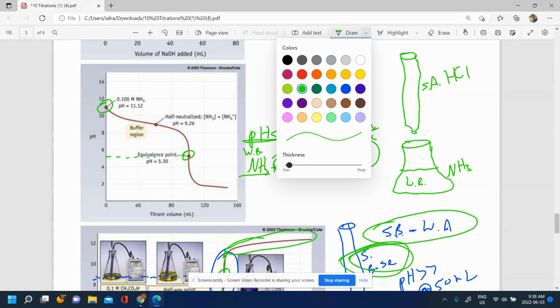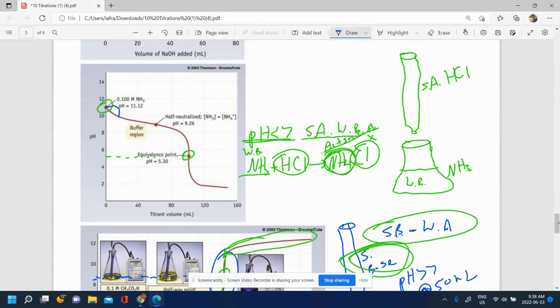And you'll notice that we have similar profiles. So even though we started with the base in the flask, it doesn't matter. When we first add the strong acid, you have a sharp decrease in the pH because you're adding strong acid to a weak base. But then eventually it slows down because you have this buffer region that has formed. And that buffer region over here is formed because you have an equilibrium between your weak base that you had in your flask and its conjugate acid.